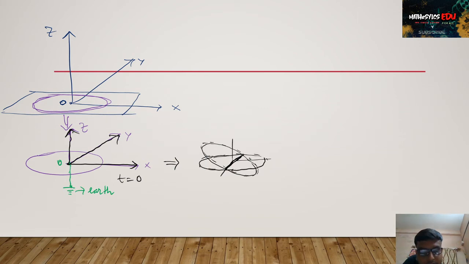This was our initial plane, this is our final plane, and two intersecting planes always intersect along a line. The line of their intersection, let me give it a name: the nodal line, or node in short, but nodal line is the actual terminology. Node has many other meanings as well.